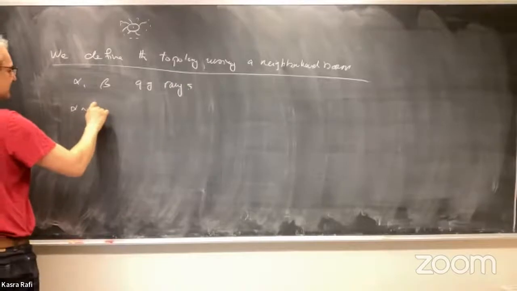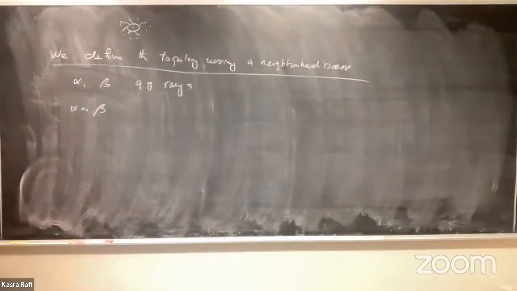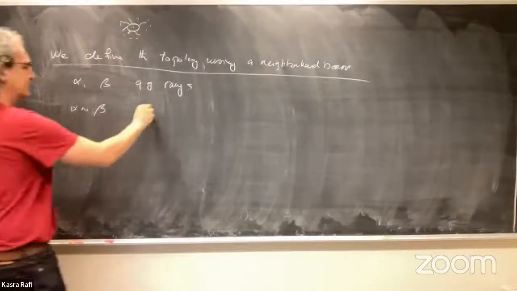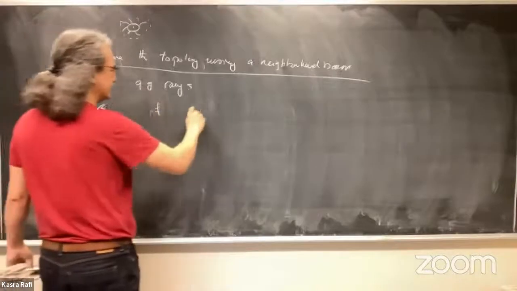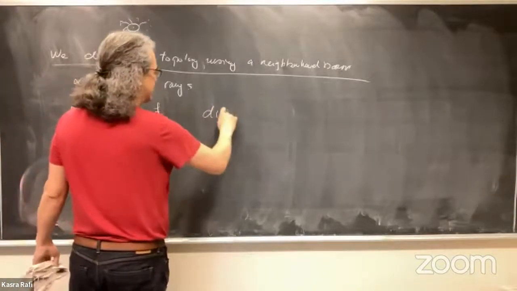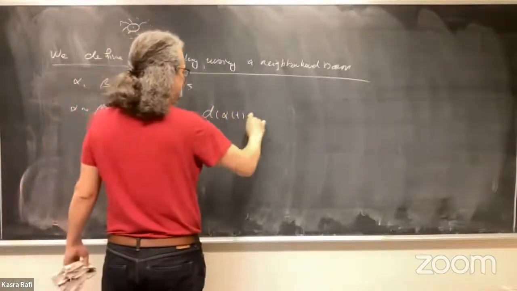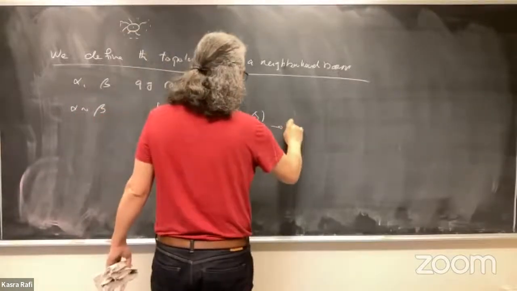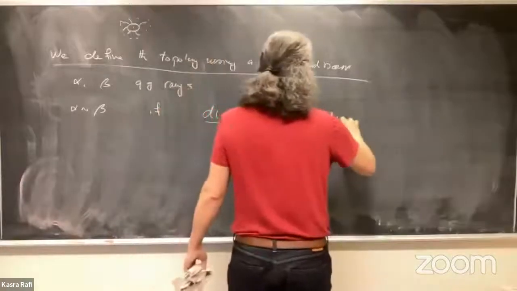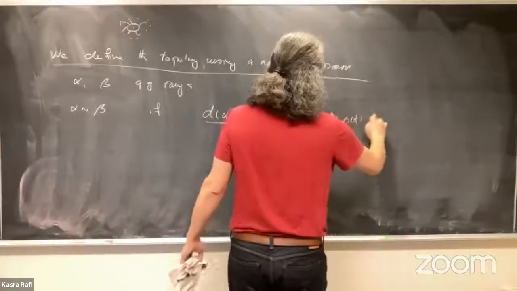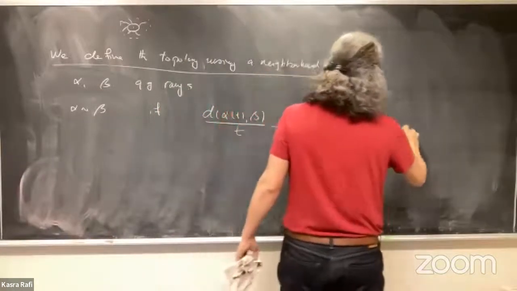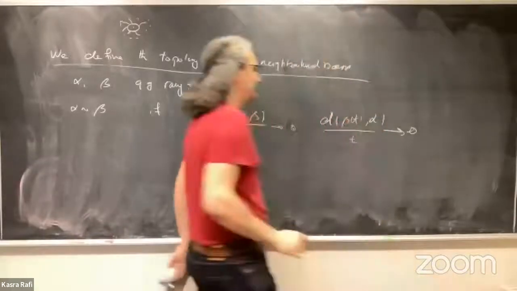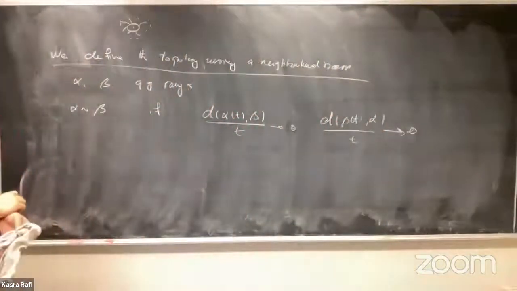We say alpha is equivalent to beta if the distance between alpha of t and beta divided by t goes to 0, and the distance between beta of t and alpha divided by t goes to 0. So if they are sublinearly far away from each other.